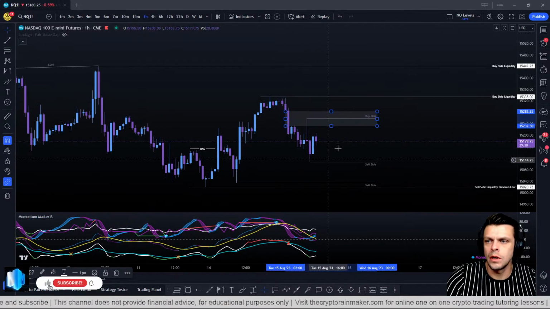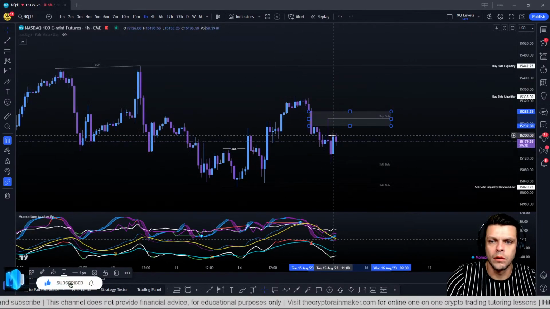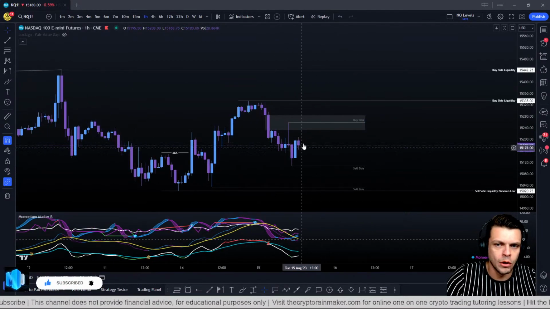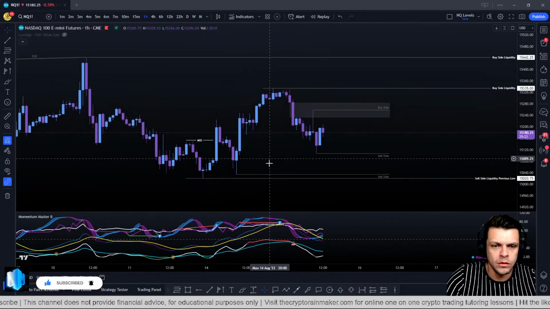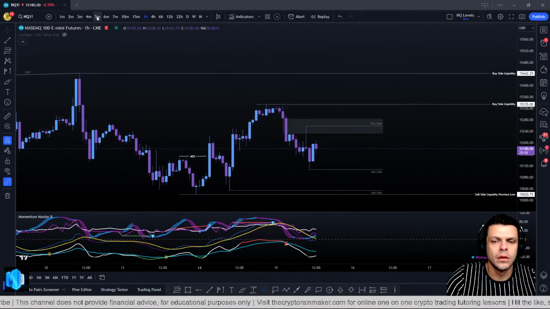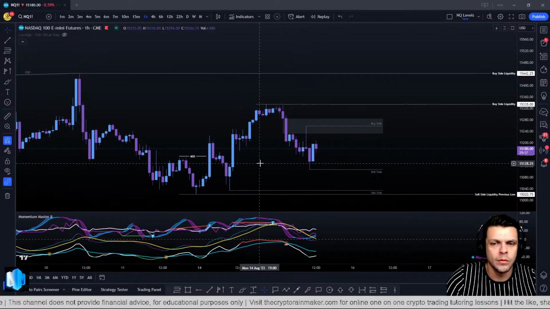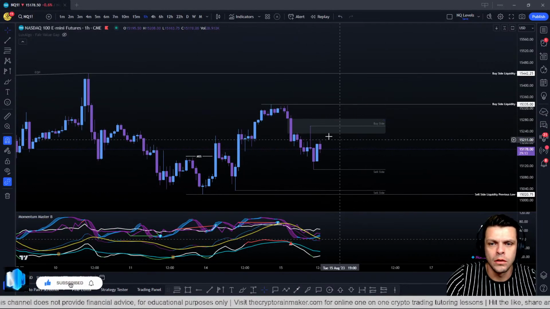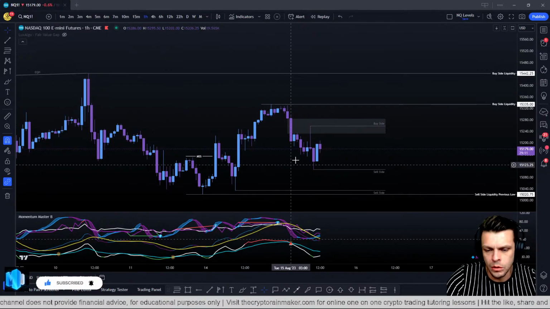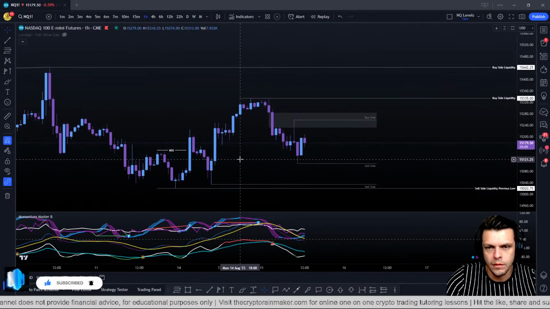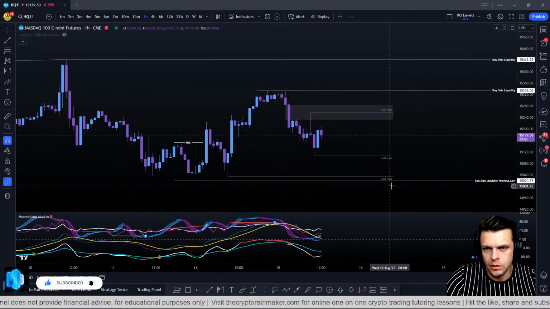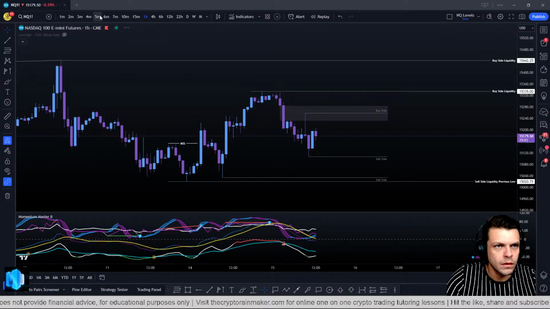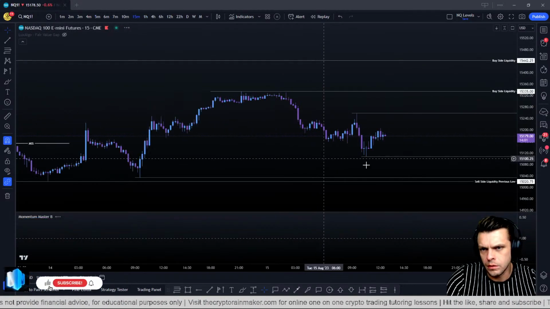So it does seem right now that the draw on liquidity is to the upside. So it looks like the larger scalps will be the longs. So we will still be able to short on the lower time frames, but I think that this chart does suggest that the longs are going to provide the most amount of points. Right, so these are the liquidity levels on the 1 hour. Go to the 15 minute.